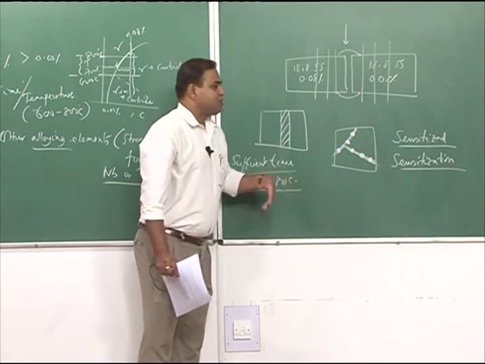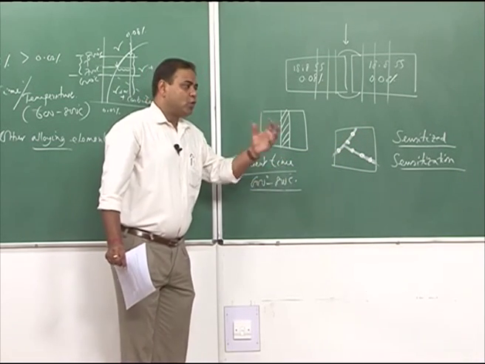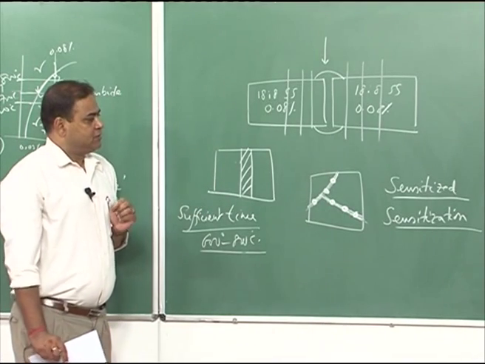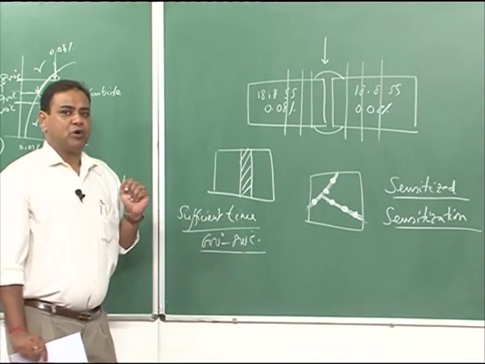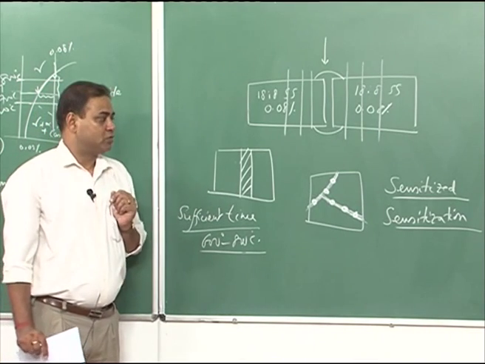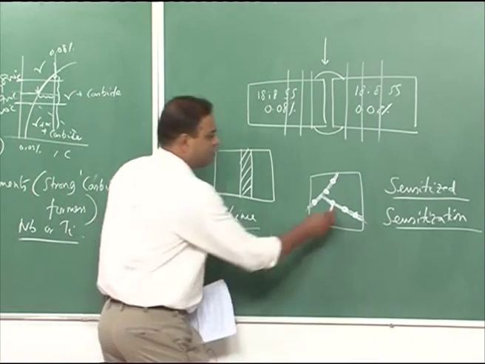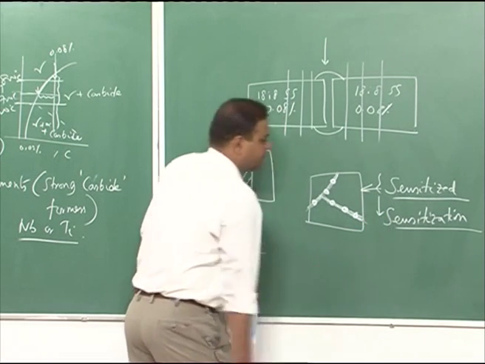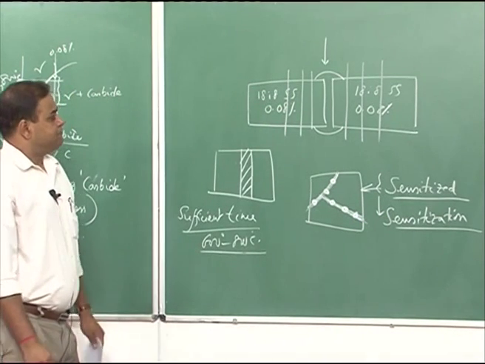But along the grain boundary, the chromium content can go down to around 2% or less. So, you have grain boundary or intergranular corrosion, and at that time this is called sensitized steel, and the phenomenon is called sensitization.